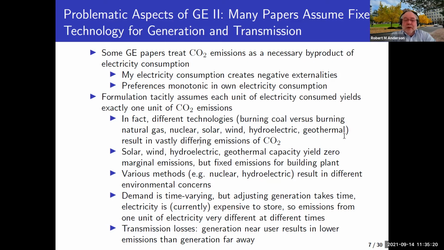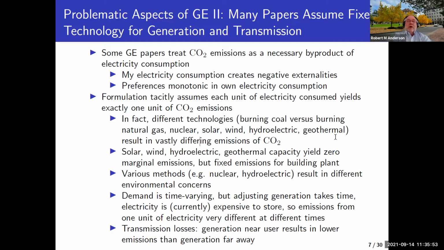Another big thing with electricity is that demand is time varying, but generation is not readily adjusted. It takes time to ramp up or ramp down generation. And so the emissions from one unit of electricity may be very different at different times. Battery technology is getting cheaper, but is still relatively expensive. This could be resolved if we had perfect storage technology.